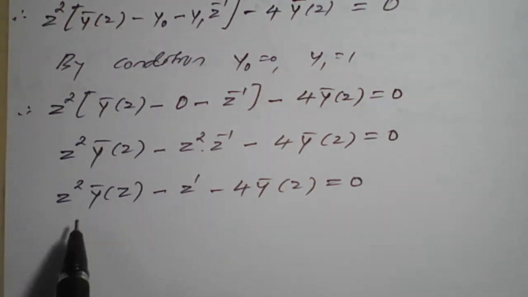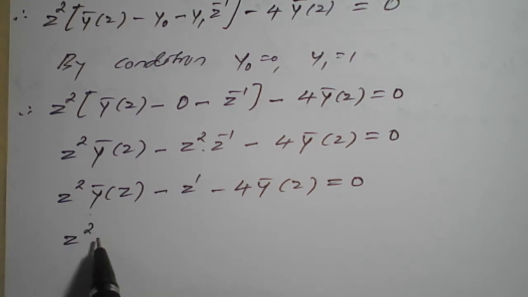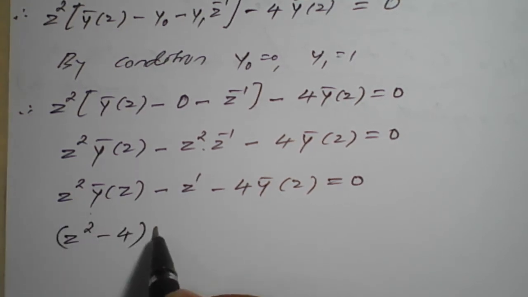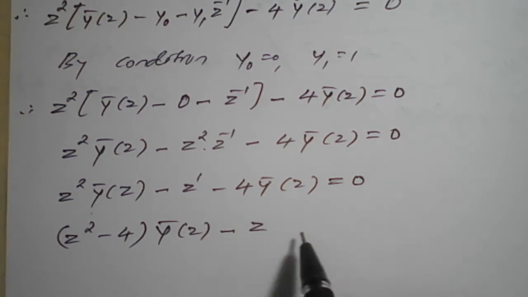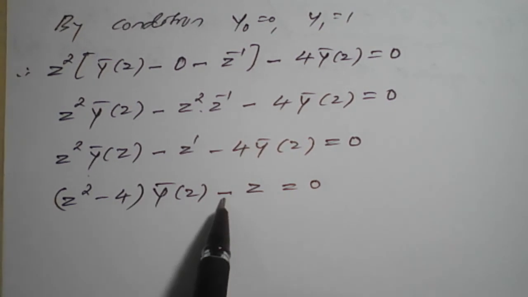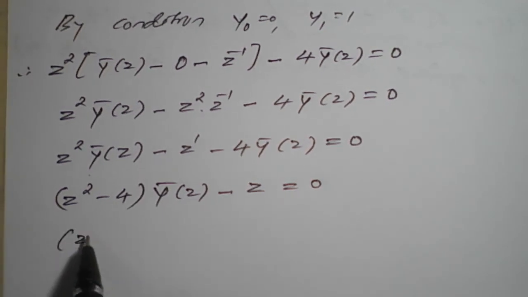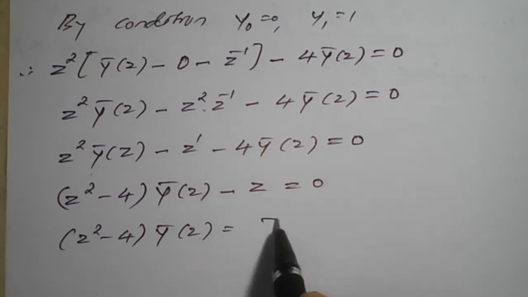So first and last have y dash of z common, so it will become z square minus 4 into y dash of z, minus z raised to 1, which is nothing but z, equal to 0. Shift this z to the right hand side, so z square minus 4 into y dash of z is equal to z.